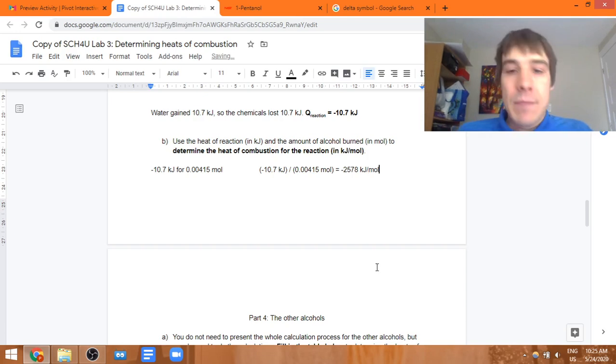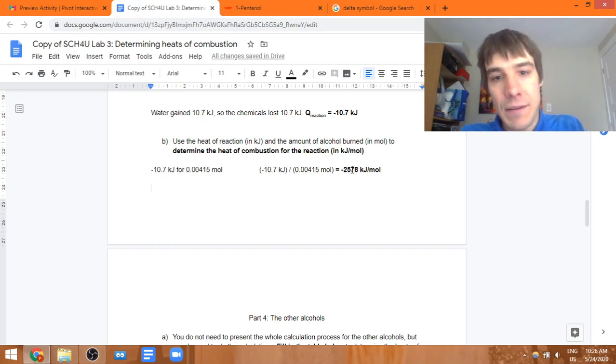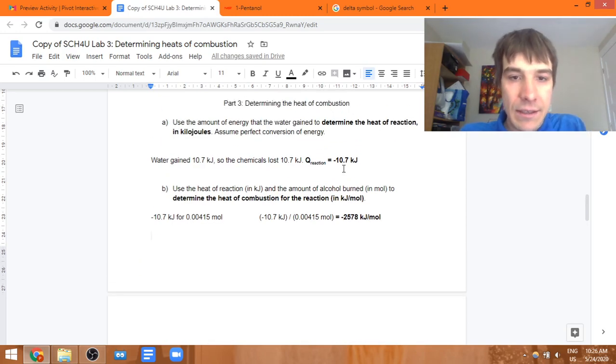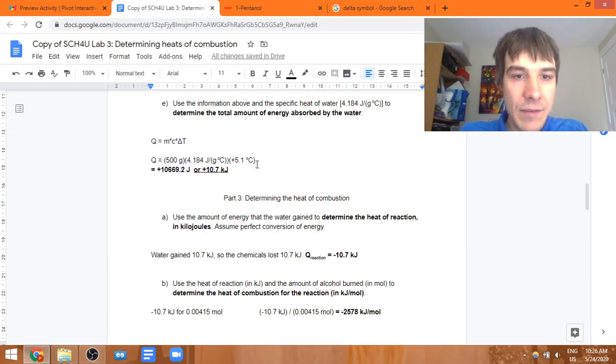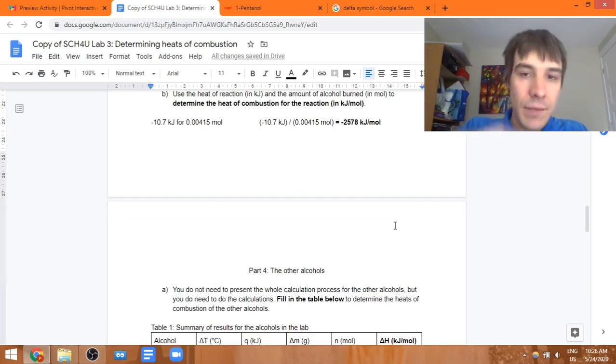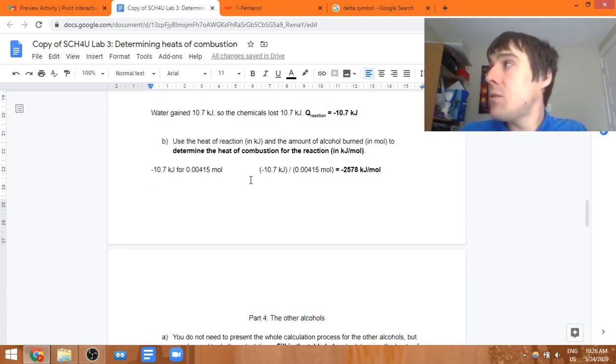And what I'm going to do is I'm just going to round it and just leave it at that. I'm not going to do any significant digit type stuff. Technically, this should be 3 significant digits, and it should be minus 2580, and even that is not correct because we only had 2 sig digs on our temperature. But you know what? Good enough to get some answers. So that's how you do just one. You get the kilojoules per mole for just one of these.